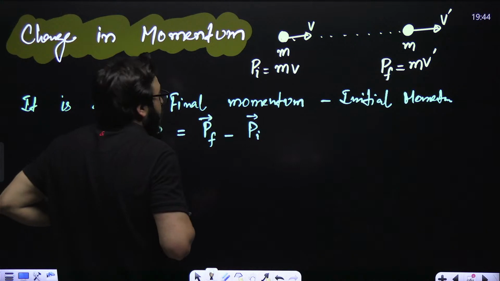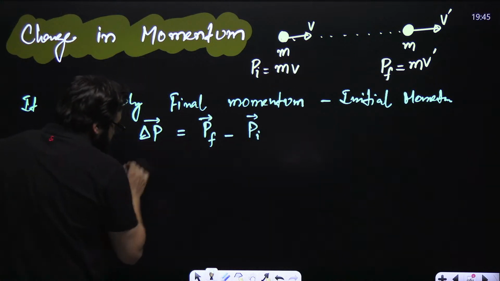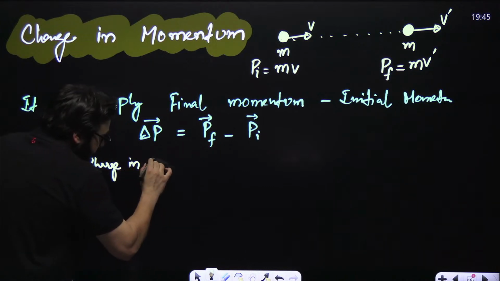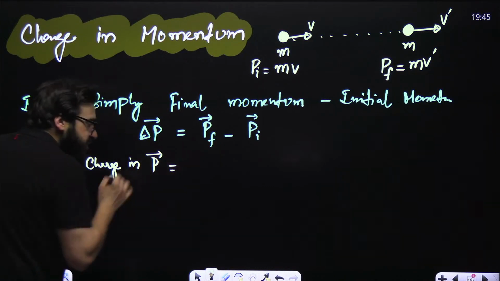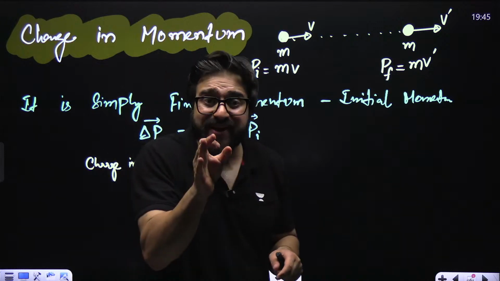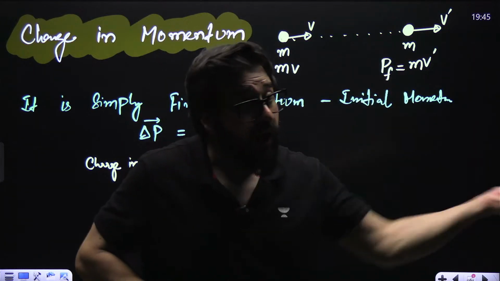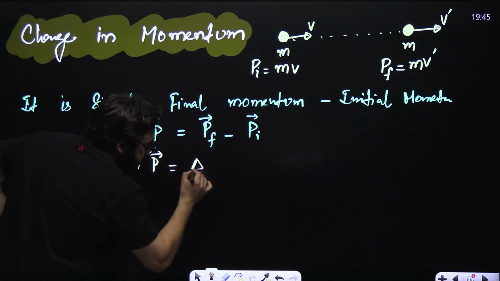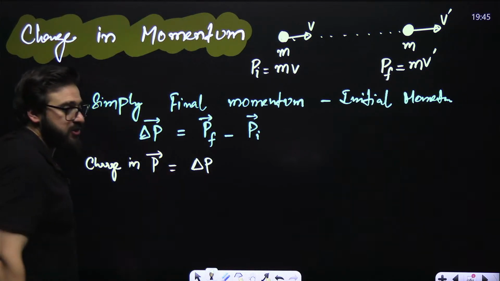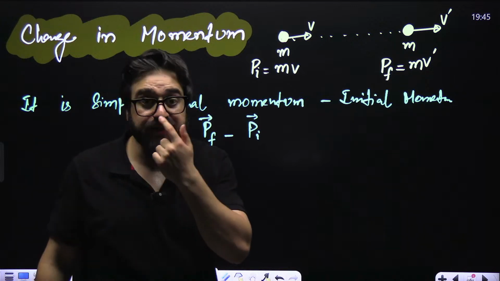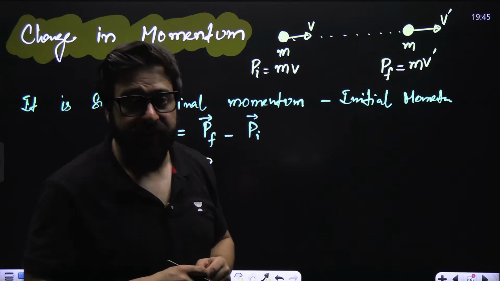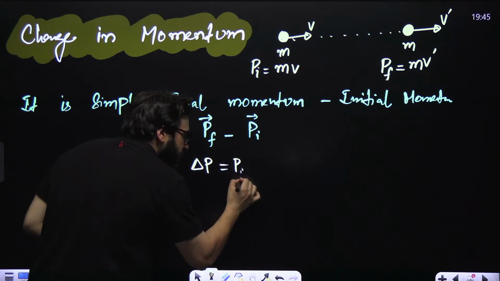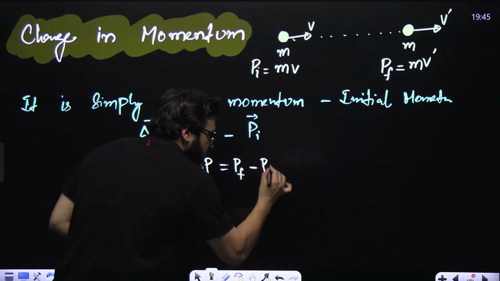Now, when it comes to the change in momentum, I'll write over here, change in momentum. Change in any quantity we always write as final minus initial. So here change in momentum means delta P. This is how we represent change in momentum. We say it will be, sir, final momentum minus initial momentum.